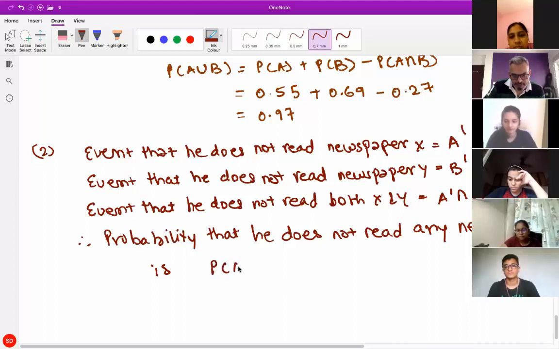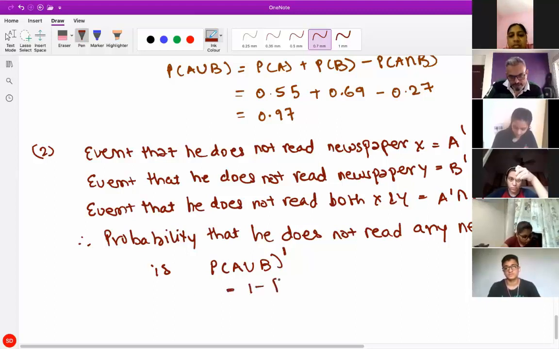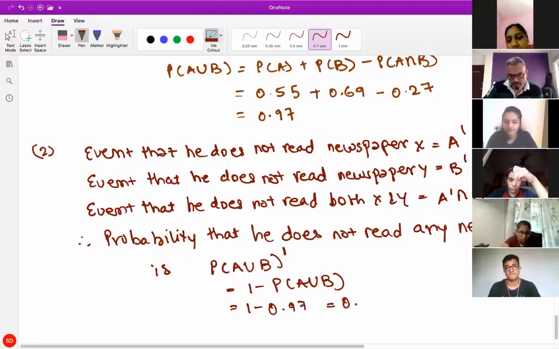Is what, P of A union B complement, probability of A union B complement, which is 1 minus probability of A union B, which is equal to 1 minus 0.97, which is 0.03.